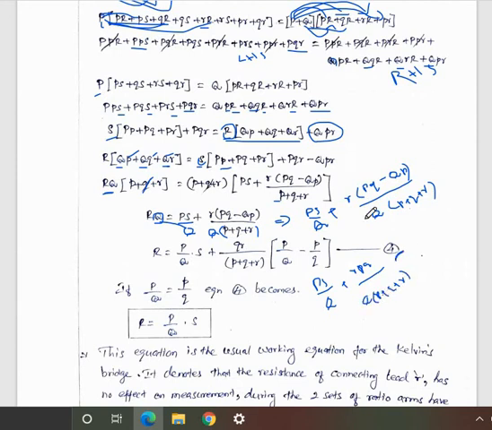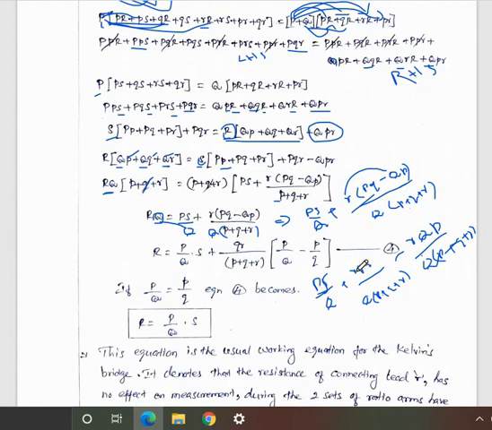Here minus, again you have to multiply with R Q small p divided by the same value Q into P plus Q plus R, because this denominator will be common for that variable and that variable. So here capital PS divided by Q, there is no change in this value.